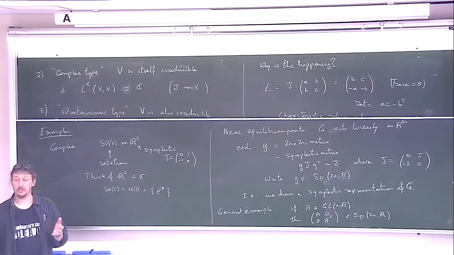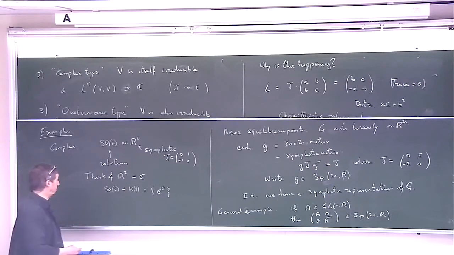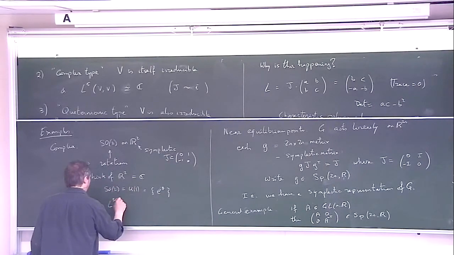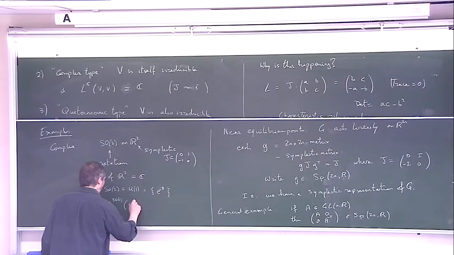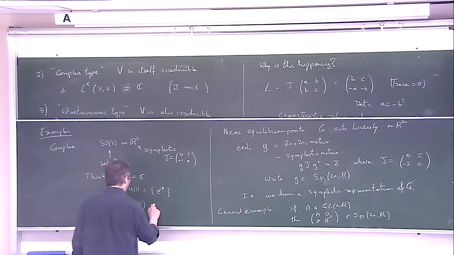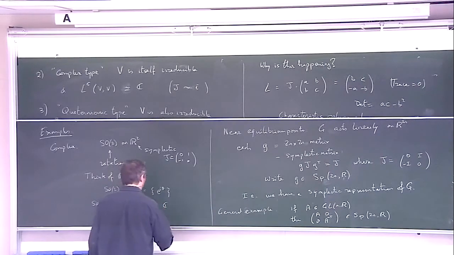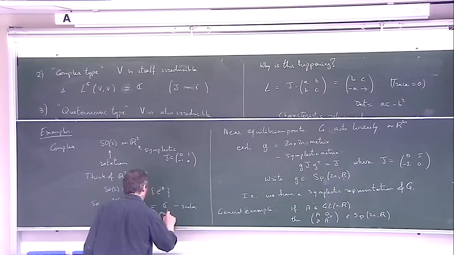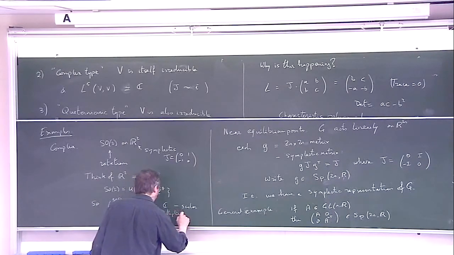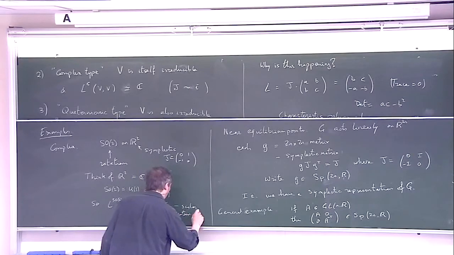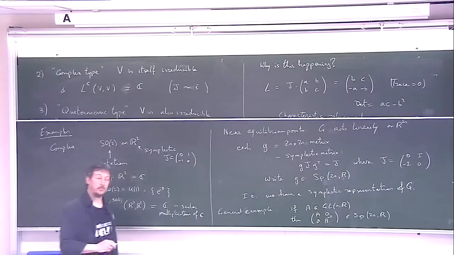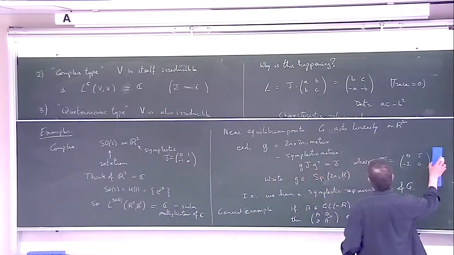Reflections don't. Reflections and rotations don't commute. So it's just scalar multiplication. That's a typical example of a complex representation.